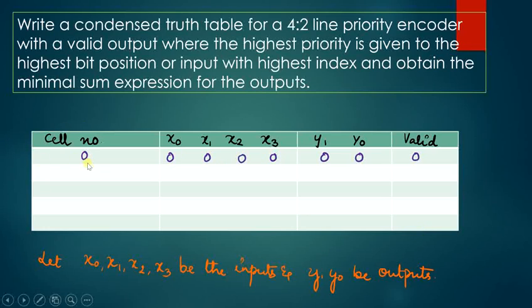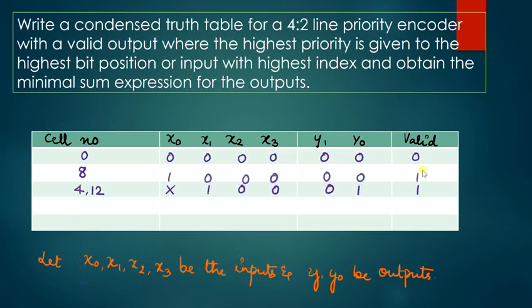I am still considering this case, wherein all inputs are 0 and outputs are 0, and to indicate that it is not valid, I have represented the validity as logic 0.